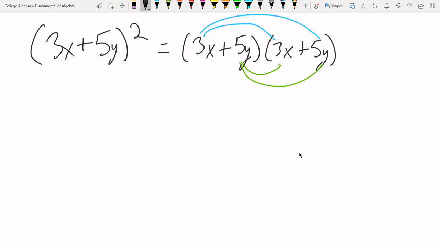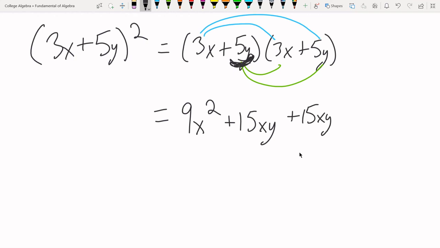So 3x times 3x is going to be 9x squared. And then 3x times 5y is 15xy. Then we're doing the 5y here. 5y times 3x is 15xy. 5y times 5y is 25y squared.